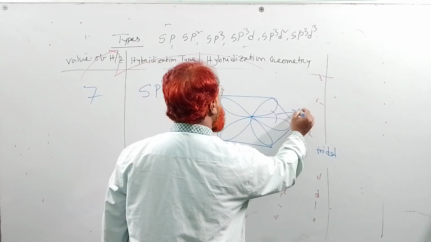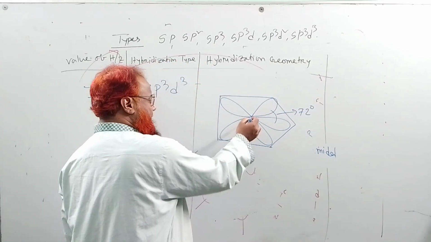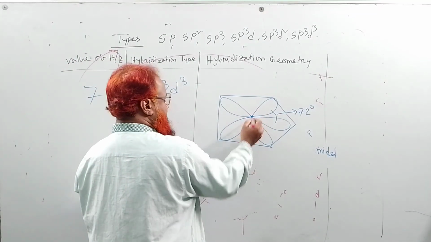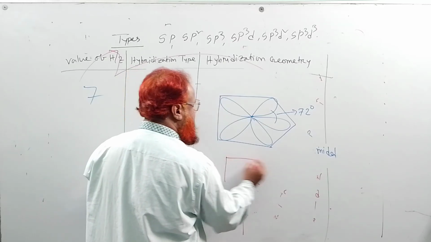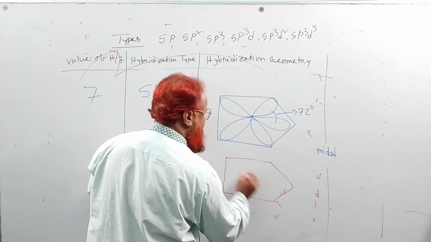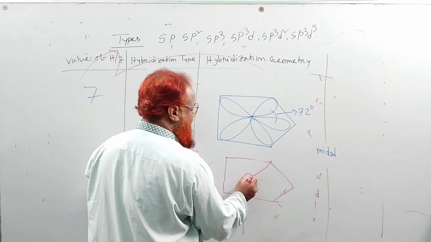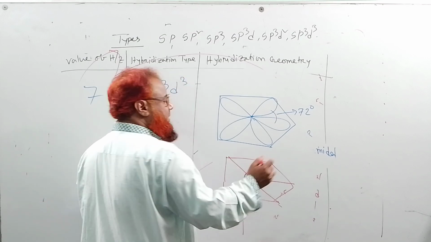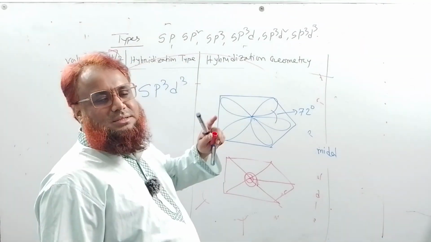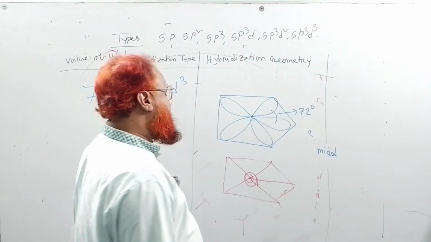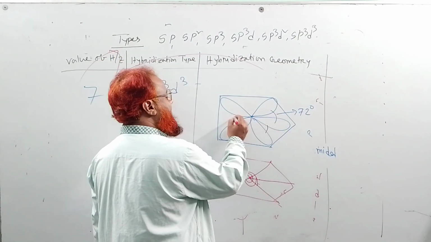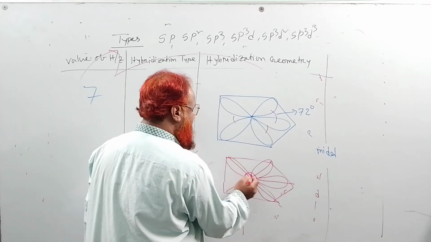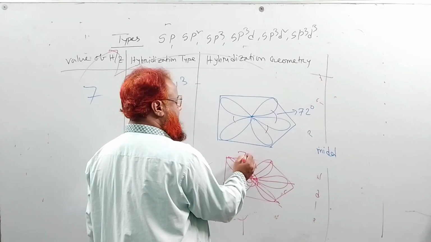72 degree. Why 72 degree? Look at here. If we divide this 360 circle into 5 parts, 1, 2, 3, 4 and 5, if you divide 360 by 5 in your calculator, you will get 72. So every bond angle here, which are arranged in this pentagonal way, is 72 degree.